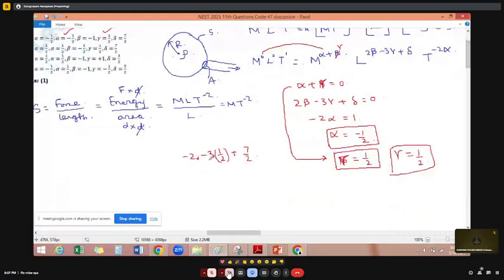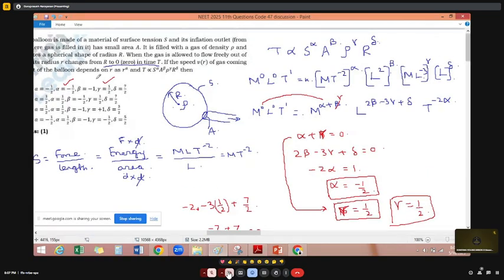Add it. 2 into 2, 4. Minus 4 plus minus 3 by 2, that is minus 7 by 2. Plus 7 by 2. So I will get 0. Yeah. So that means the A option looks correct to me.